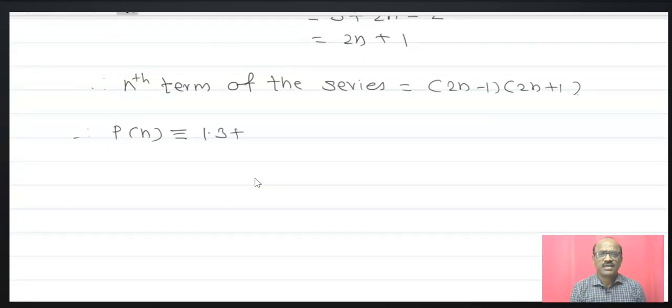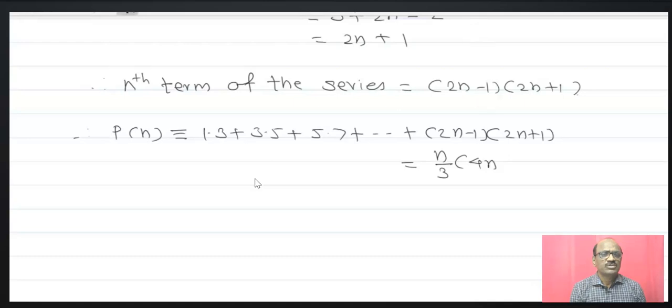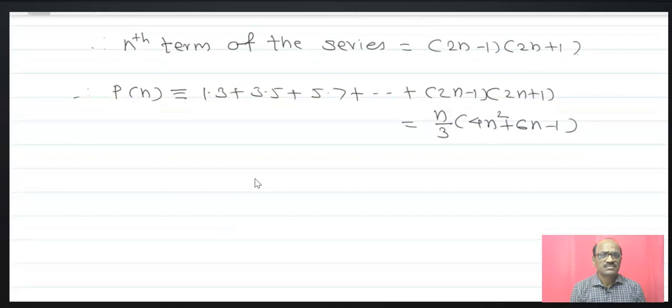Therefore, P of n is 1.3 plus 3.5 plus 5.7 plus dash dash up to (2n minus 1) into (2n plus 1) is equal to n upon 3 (4n square plus 6n minus 1).